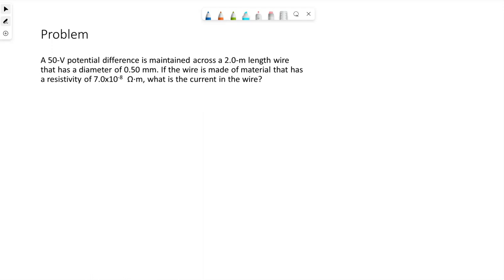So being given a resistivity and some dimensions of the wire, that should lead us to think about solving for resistance. And if there's resistance, then the current flow is going to depend on the potential difference applied across this wire divided by the resistance.